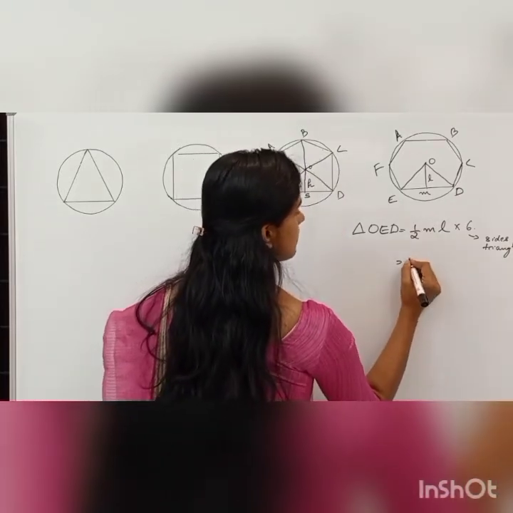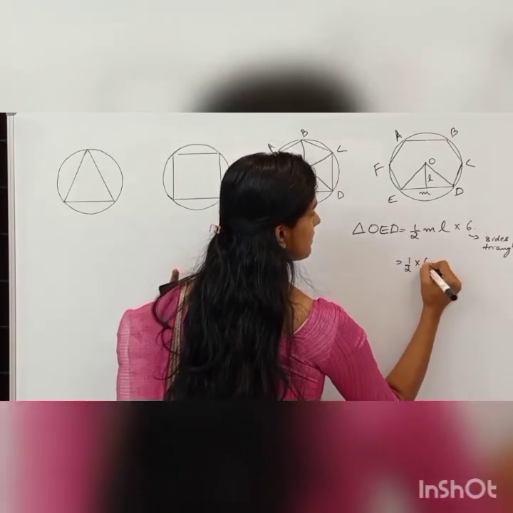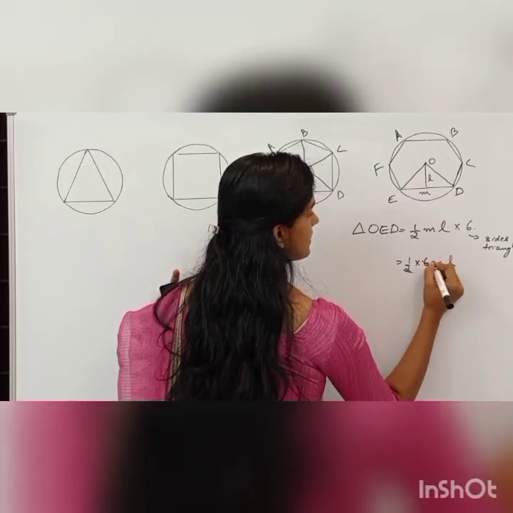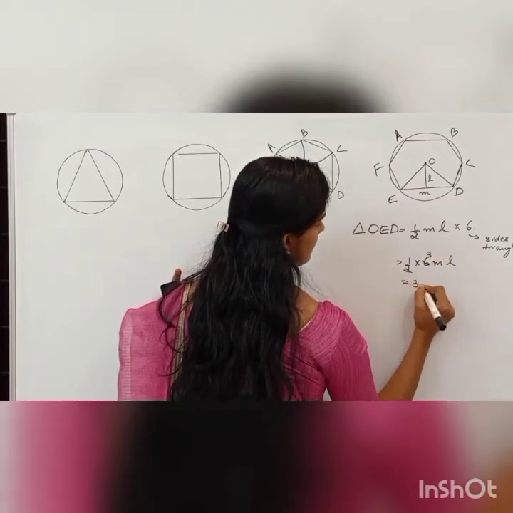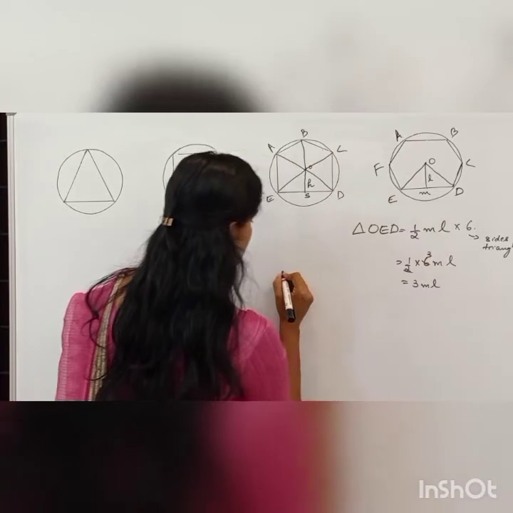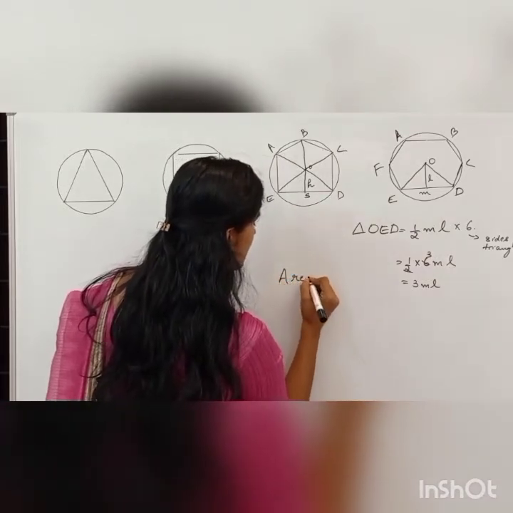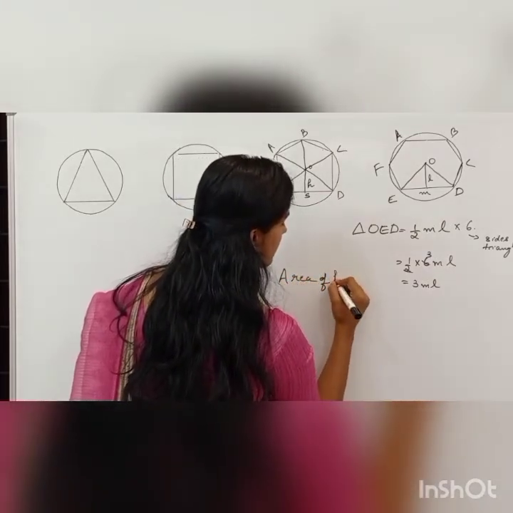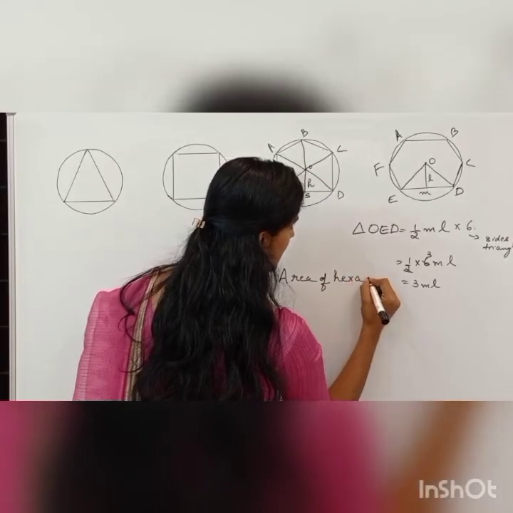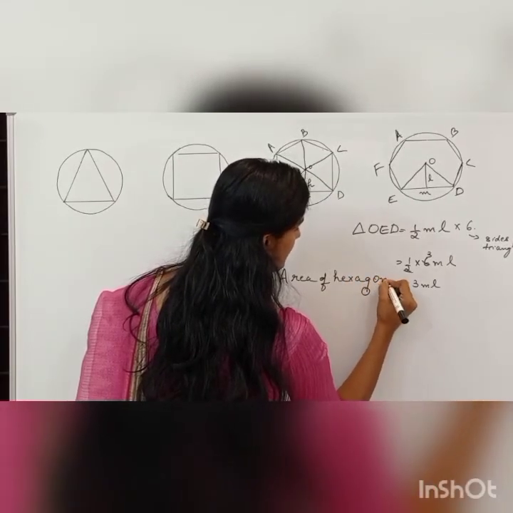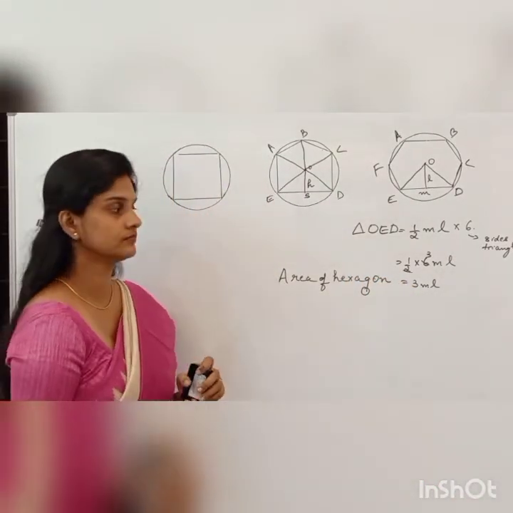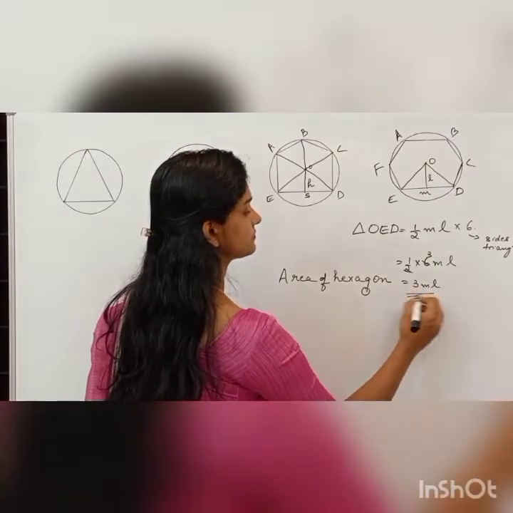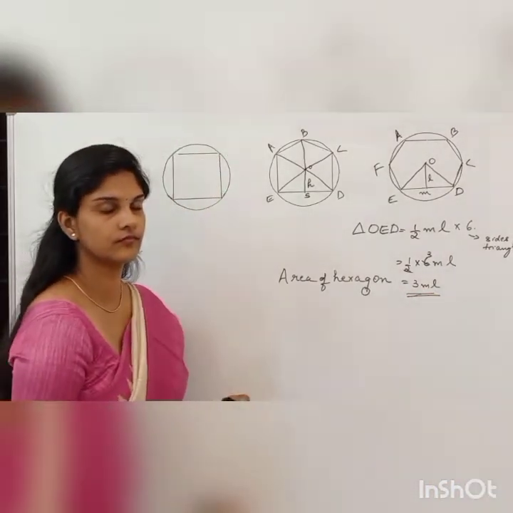So half multiplied by 6 ML, that is 3 ML. This is the area of the hexagon. Got it, right?